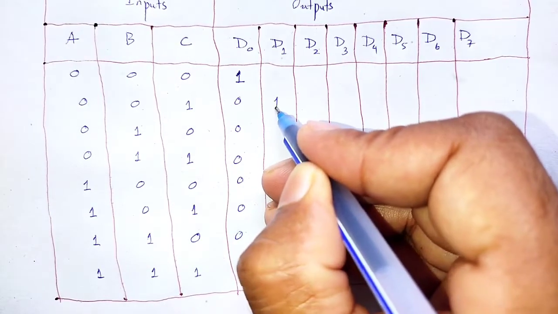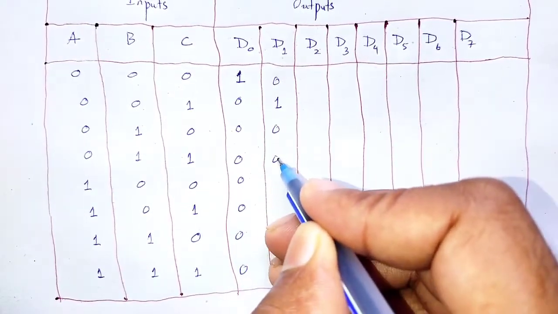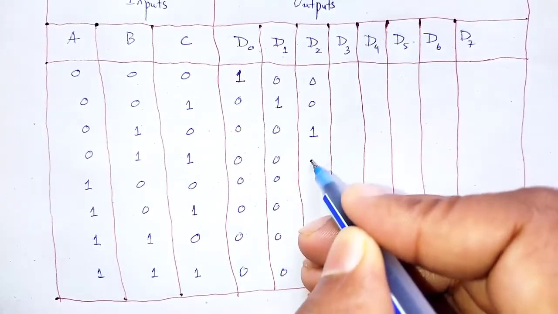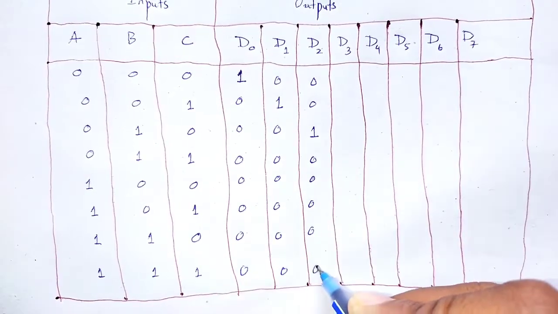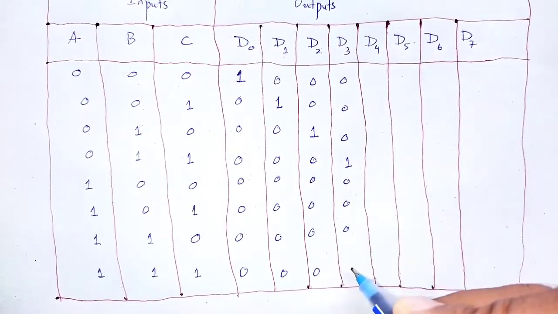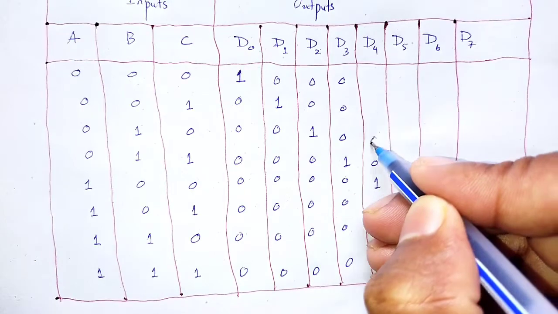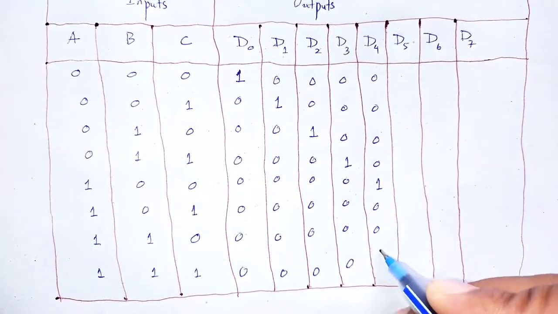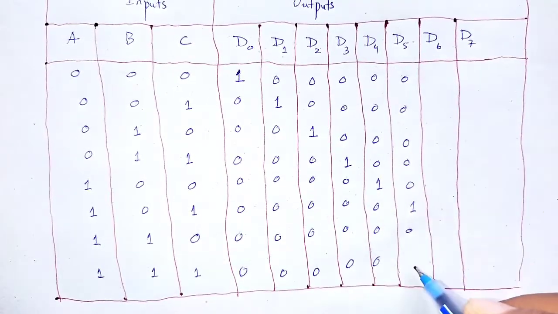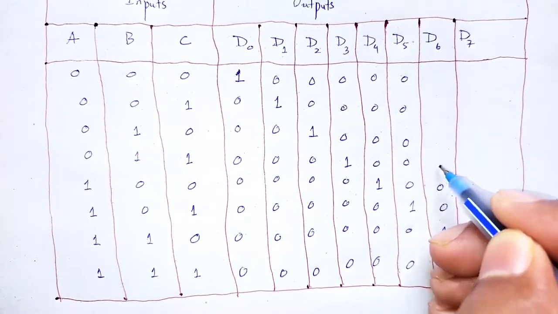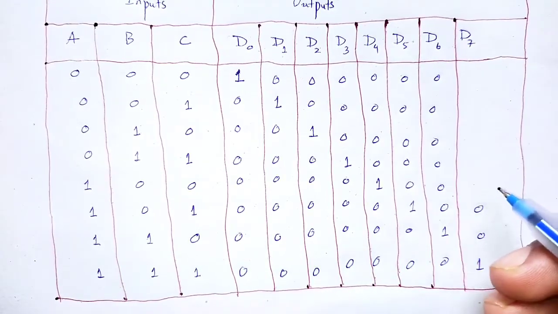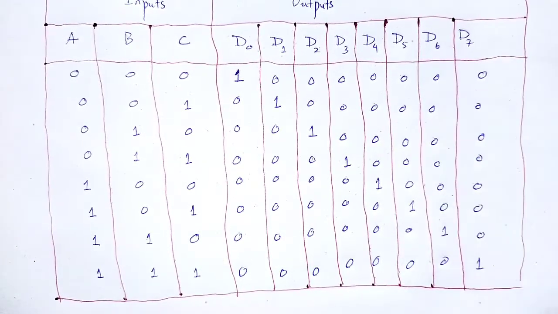Next D1 is 1, all others are 0. Here D2 is 1, and so on, one in each row, all others are 0.